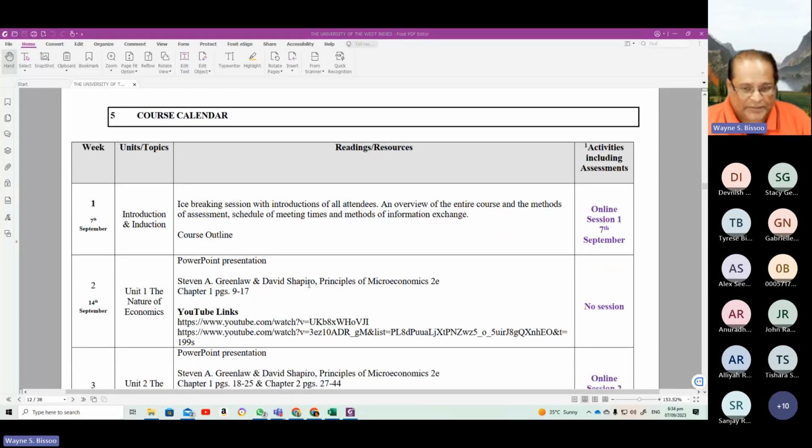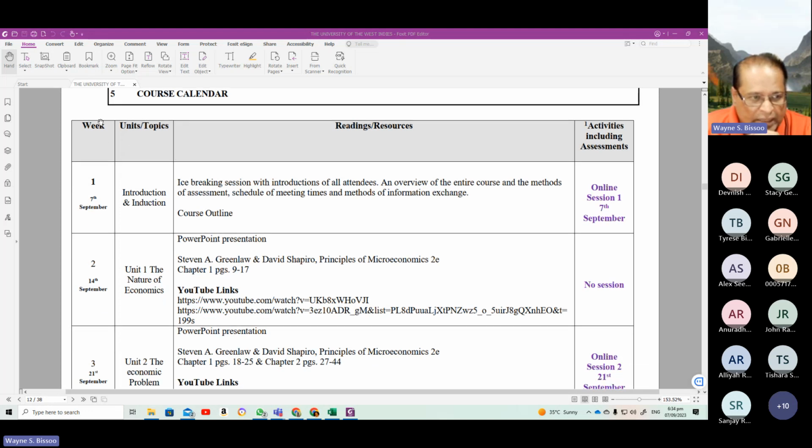All right, so yes, that is going to be a bit of a challenge because it means we need to start working on the content of this class really fast. And again, you can't wait for me because the situation is going to be one in which we are pushing forward as fast as we can. Now, the weeks identified here in the course calendar, the topics that you'll be looking at, and the activity, including assessments.